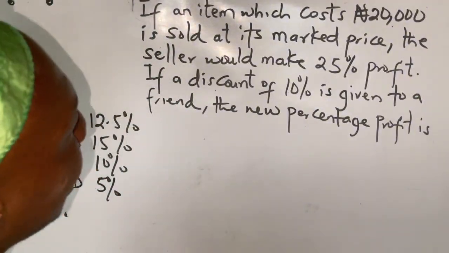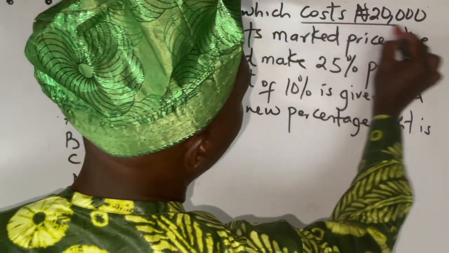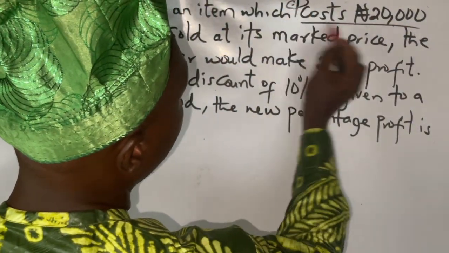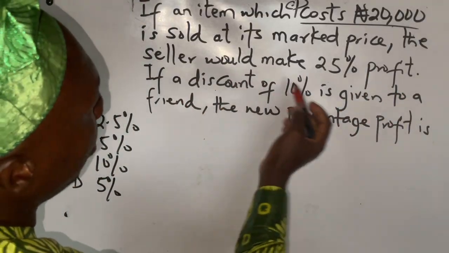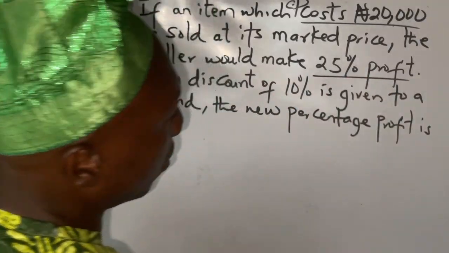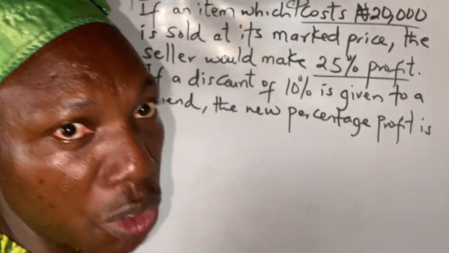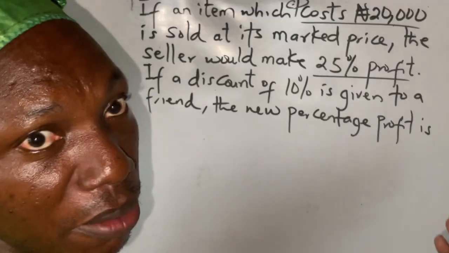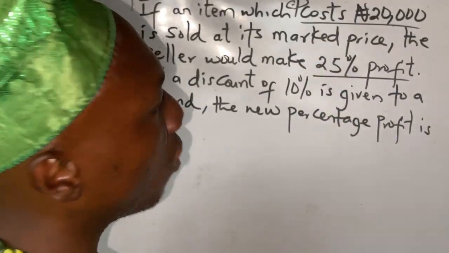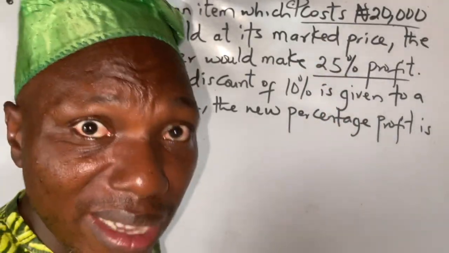So, an item which costs, this is the cost price, you write CP, is sold at its marked price. The seller will make 25% profit. So they've given us two pieces of information. Once they give us the percentage profit and the cost price, the selling price is very easy to know.